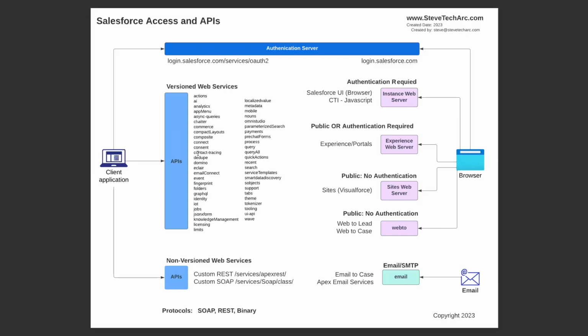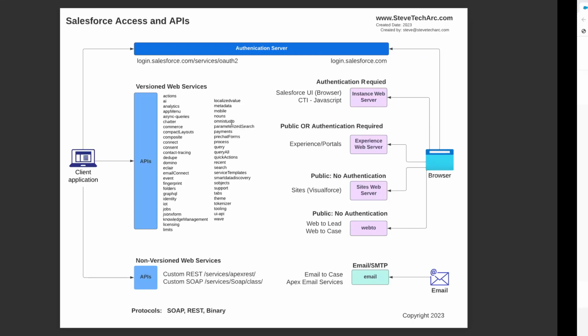The versioned ones are the ones that Salesforce is releasing and maintaining, with backward compatibility based on version number releases. The non-versioned ones are your custom Apex REST and SOAP. Because they don't go under the versioning scheme, the URLs will stay persistent. And if you look under the versioned web services, there's a significant number of them. We're going to start taking a look at which one you should choose under which scenarios.